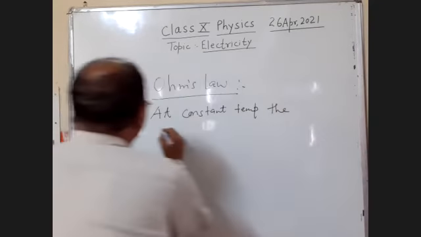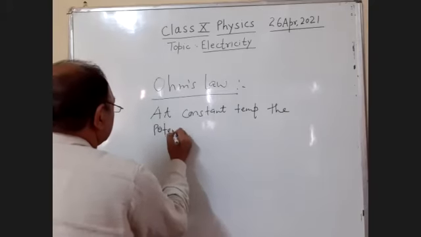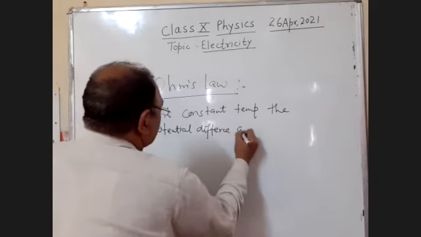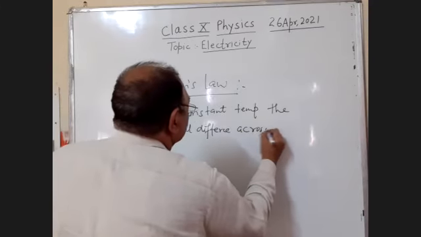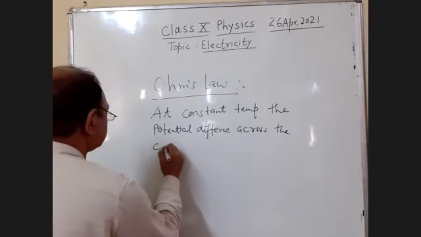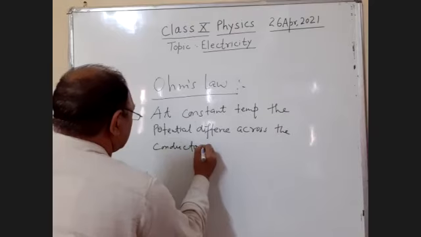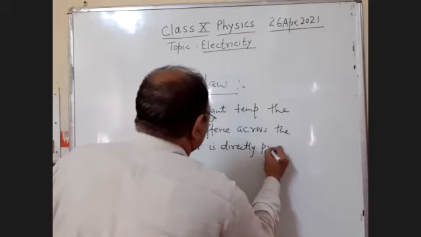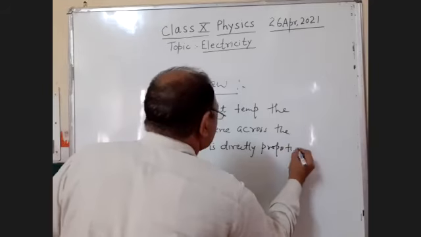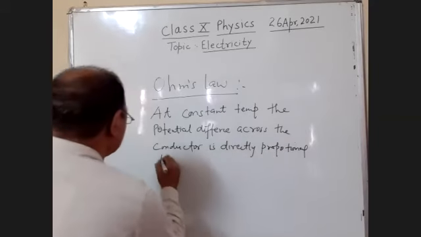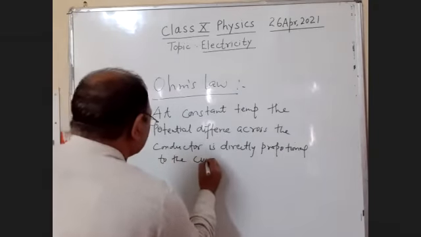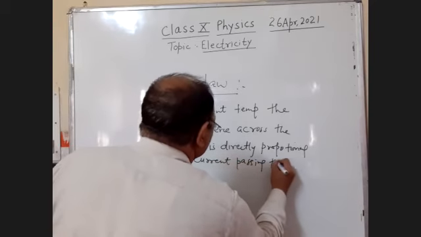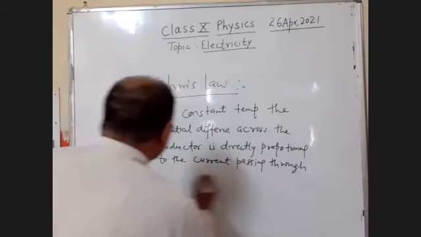So I write down first: at constant temperature, the potential difference across the conductor is directly proportional to the current passing through the conductor.